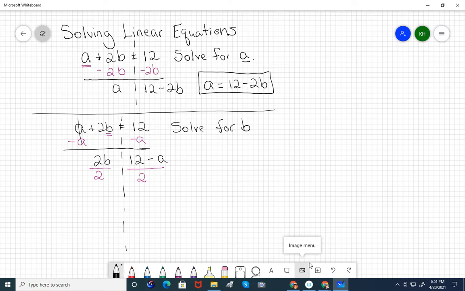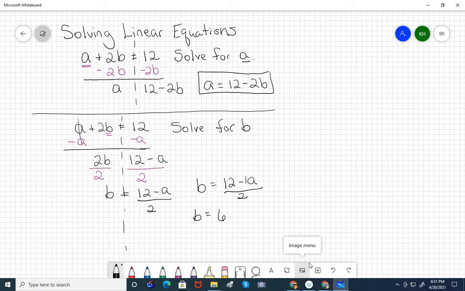The result, of course, is that I'm going to get that b is equal to 12 minus a divided by 2. I can leave it exactly like that. b is equal to 12 minus a divided by 2. If I want, I can go ahead and divide by 2. 12 divided by 2 would be 6.